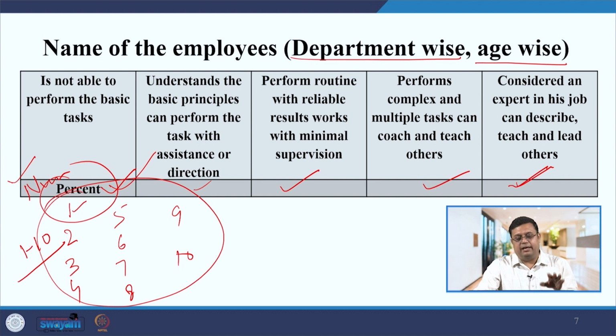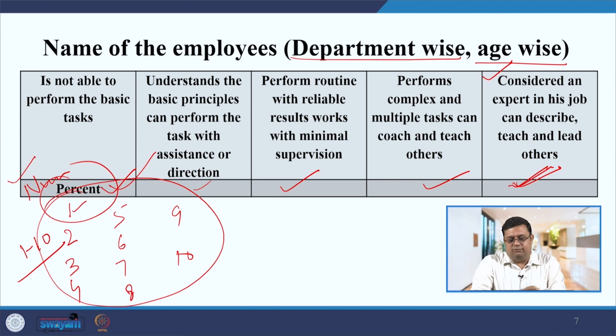So this analysis will help you understand to whom in the department you have to give the training first. And the moment you understand that most of the people come in the fifth category, they are experts, then you can use these people for internal training purposes. So one more purpose this matrix can solve: if you need an internal instructor to train your employees, or you don't have a very high budget, you want to use an internal trainer.